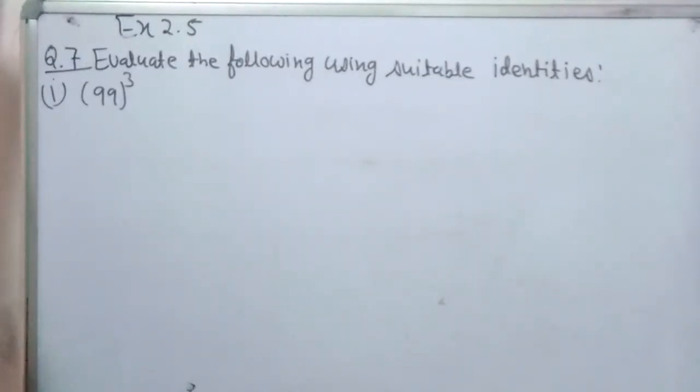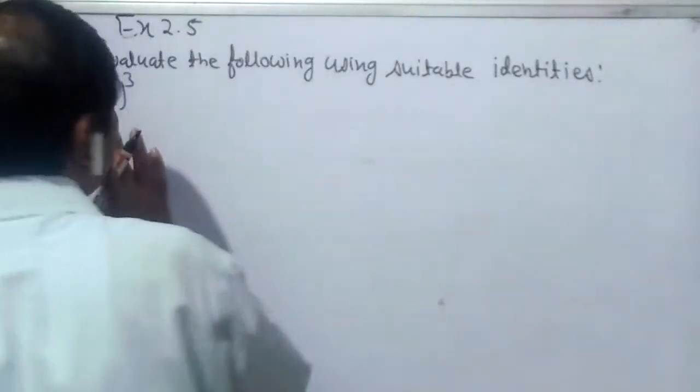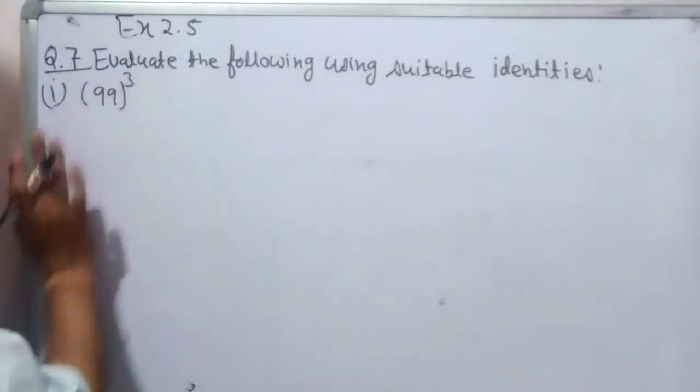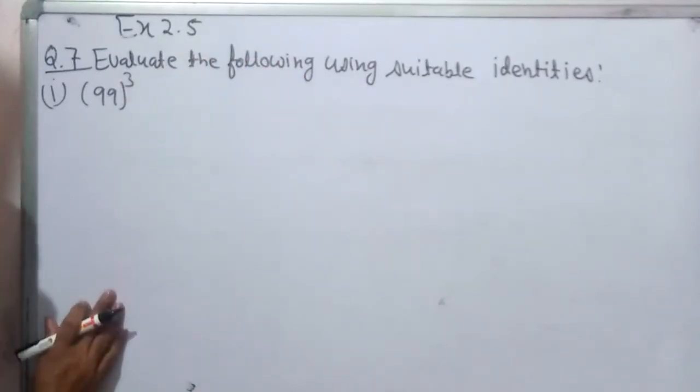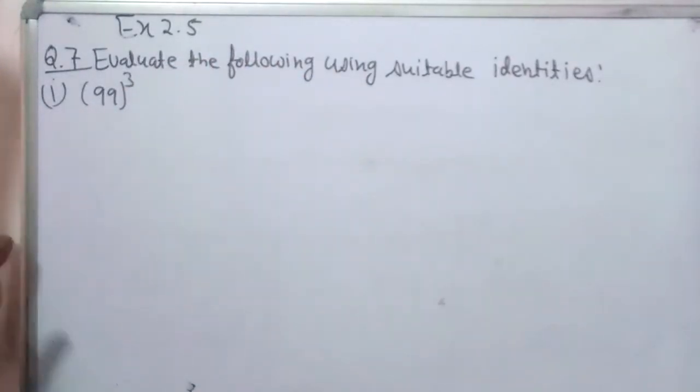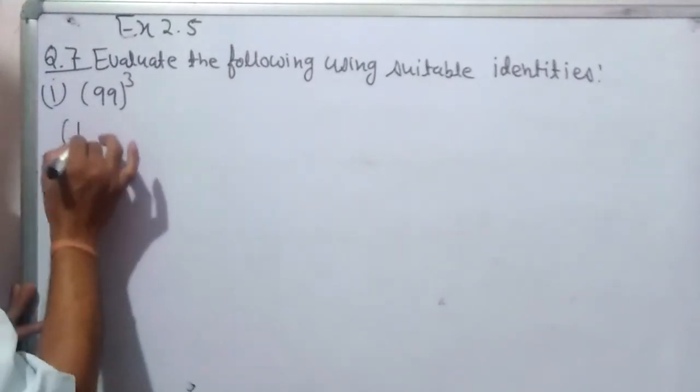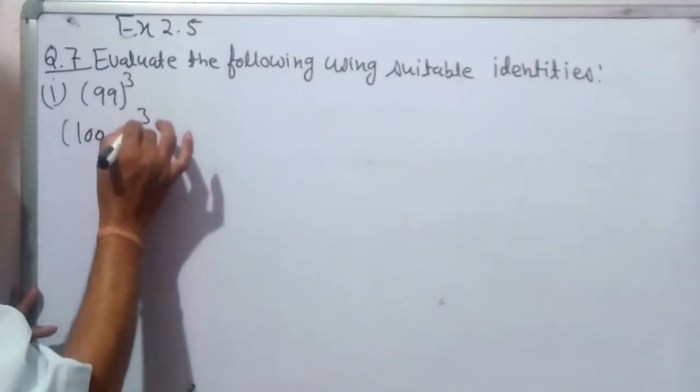Question number 7 is giving you some numbers in the cube form and they are saying evaluate them using identities. We don't have to do them by direct multiplication. What we'll do, we'll replace 99 as 100 minus 1.